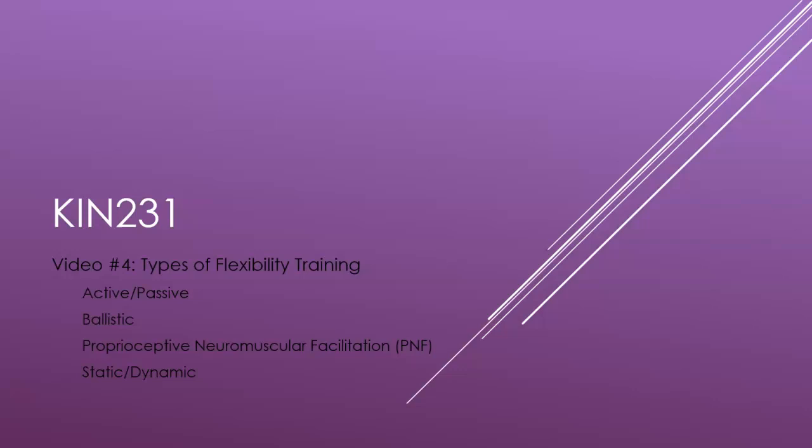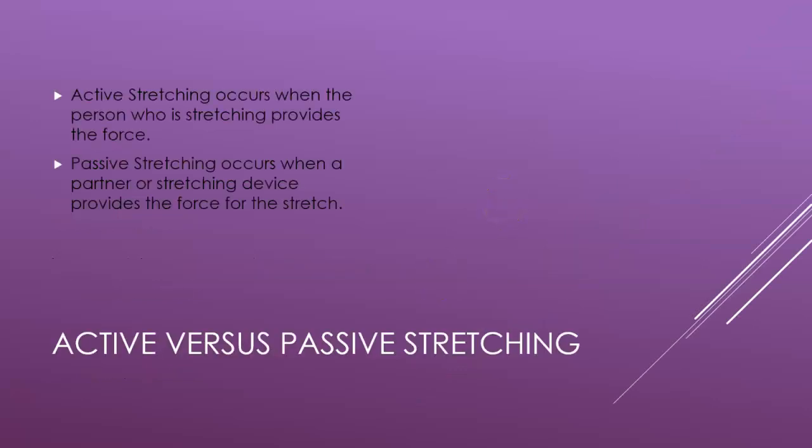of sequence. So if we look at this, we jump into the active versus passive mindset when it comes to stretching. Active stretching is when the person who is stretching the muscle is also providing the force. So you can just imagine you're seated on the ground, doing an L-sit or a hamstring stretch in a modified hurdler, and as a result, you're leaning forward and stretching your own hamstring.